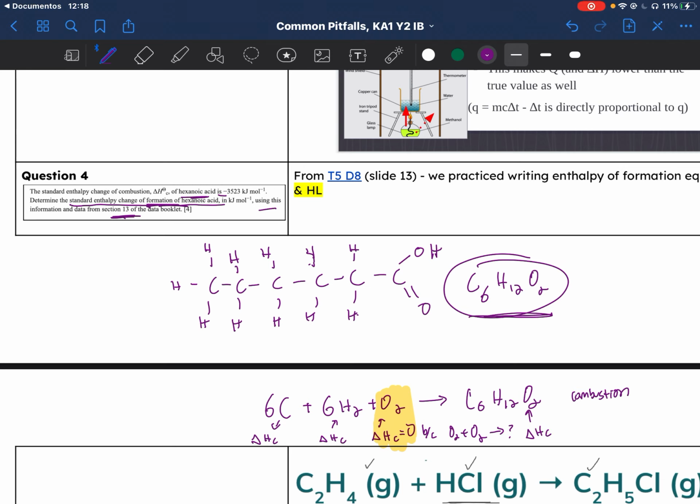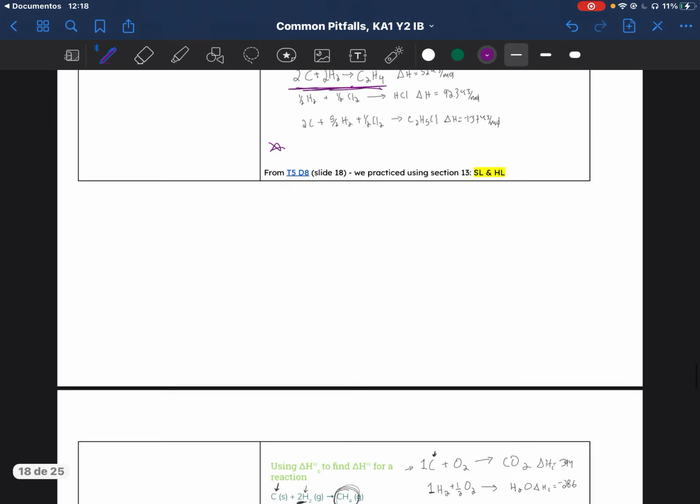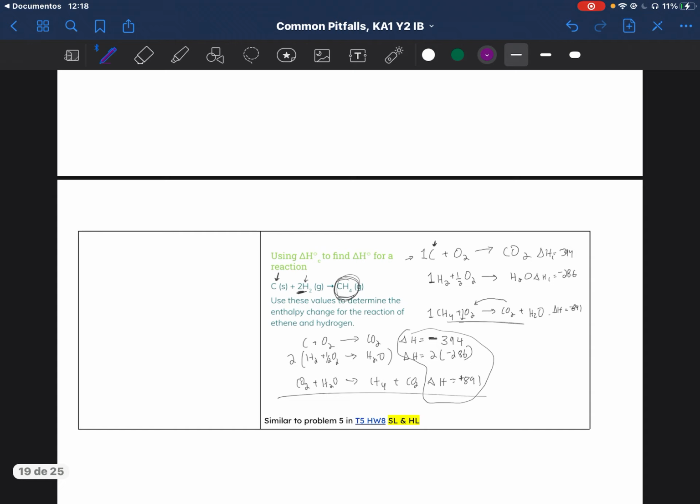Delta H combustion, and then I just use these values that I find to calculate my enthalpy for this reaction. We practice that. We practice writing those formation equations here on T5 day 8, and then we practice using combustion data to find enthalpy of a reaction in that same day on T5 day 8.